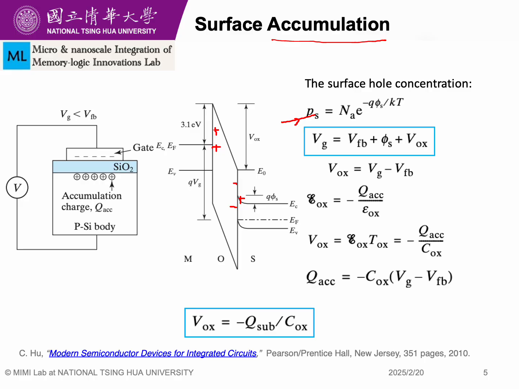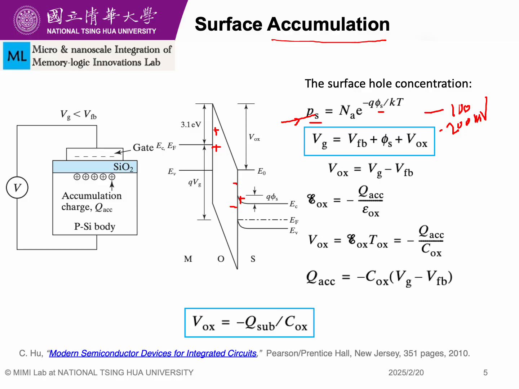Now what can be the value of this surface potential? Typically it is around negative 100 to 200 millivolt. So in that scenario, our surface accumulation will be much higher than Na.